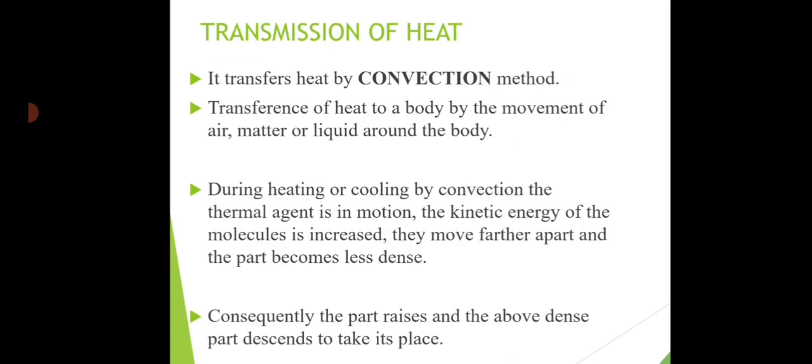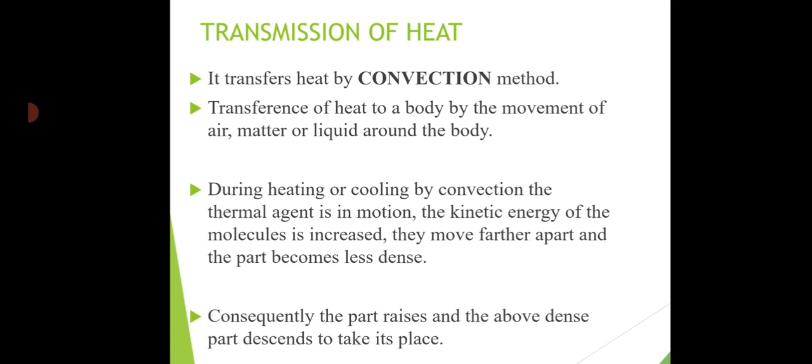Now let's see how the heat gets transmitted into the body. It is transferred by the convection method, the heat to the body by the movement of air or matter or liquid around the body. During heating or cooling by convection, the thermal agent is in motion and the kinetic energy of the molecules is increased.